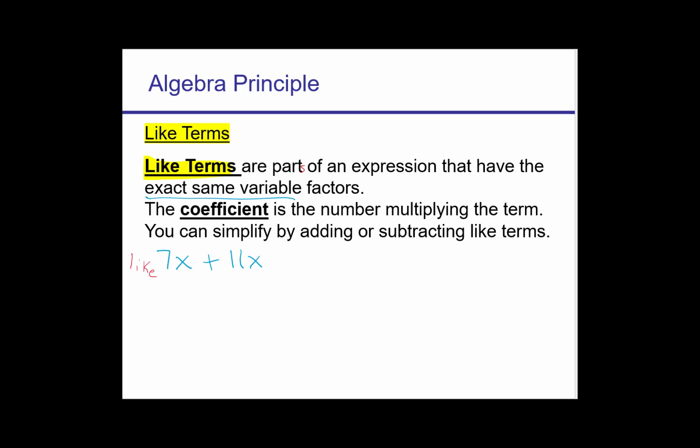Now, in algebra, whenever you run into like terms, we can't get the answer because we don't know what x is, but we can simplify. We can combine the two terms together. Think of it as like 7 apples plus 11 apples. And what we get when we combine them is we add the coefficients. We add the coefficient 7 and the coefficient 11, and we get 18 apples. Or in this case, 7x plus 11x is 18x. Here's another example.